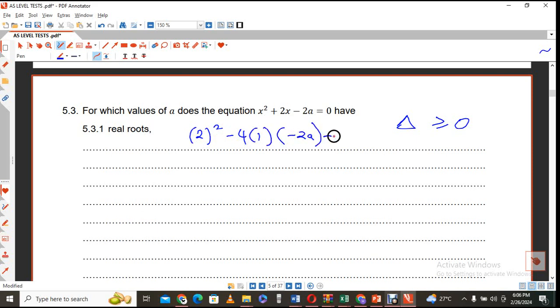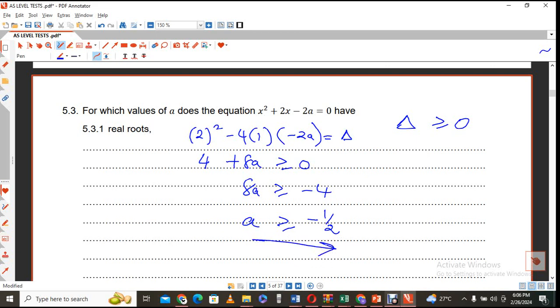Alright, so this is the discriminant, so obviously that's going to be 4, plus 8a. So in order for the roots to be real, we let it be greater than or equal to 0, and then it's negative 4, and so obviously a would be greater than or equal to negative 4 over 8, which is negative a half.